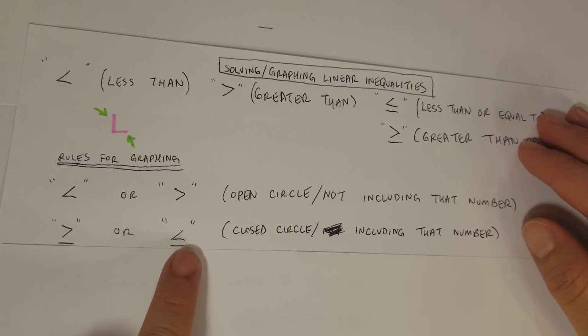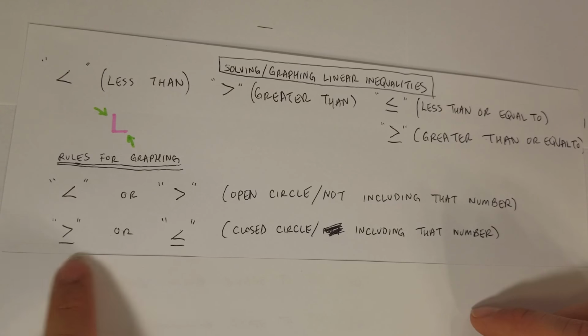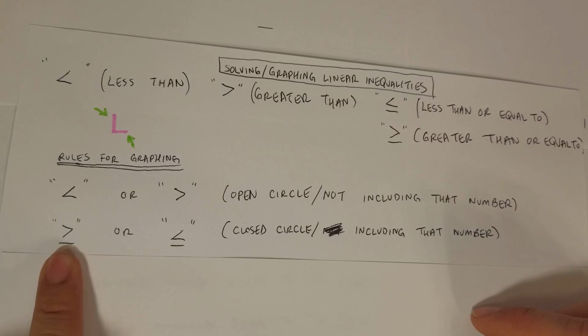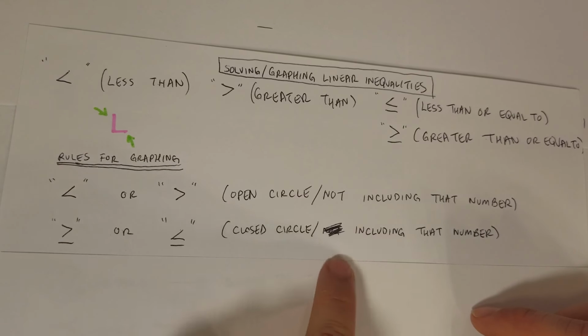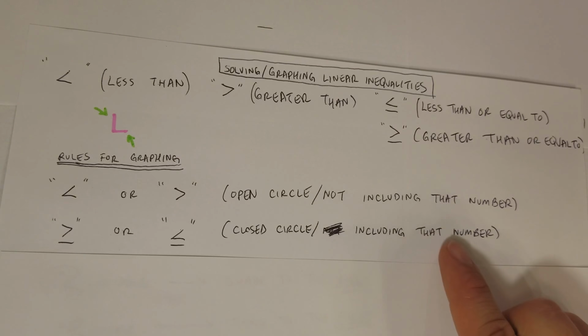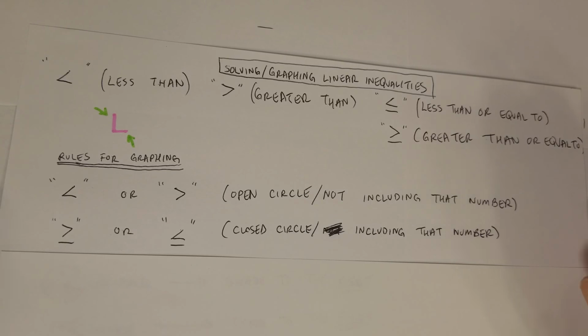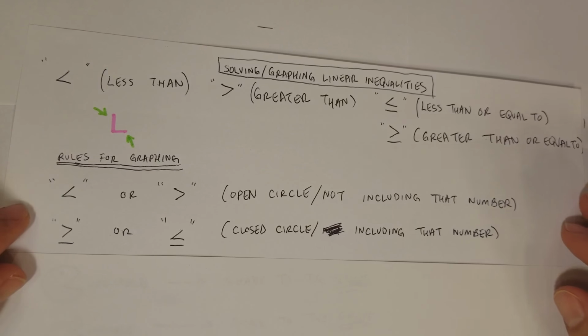Same thing for the inequality situation in which we have the less than or equal to or greater than or equal to. We're going to have a closed circle. Closed circle means we are actually including that number, versus the open circle means that we're not including that specific number. So that's one of the things we need to remember for graphing.